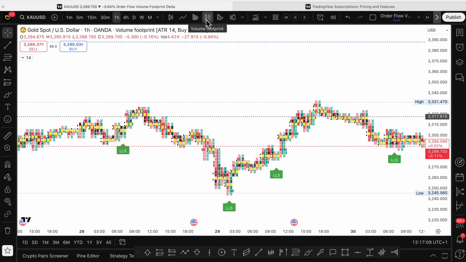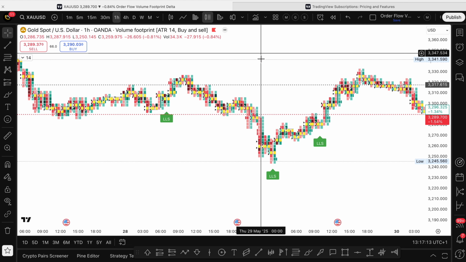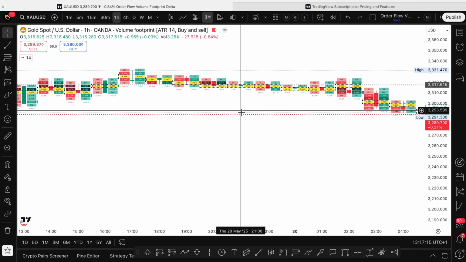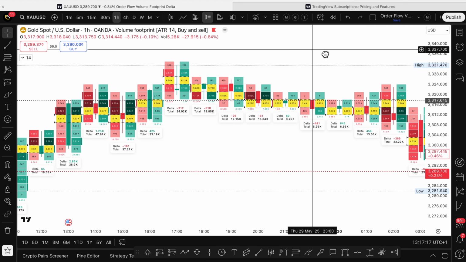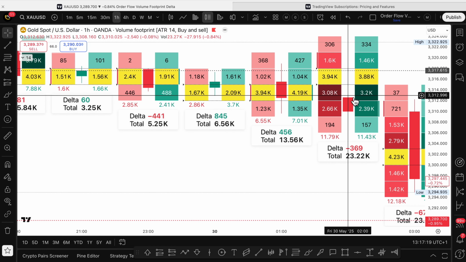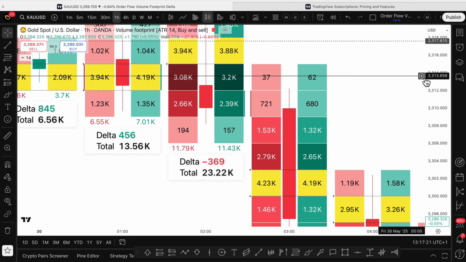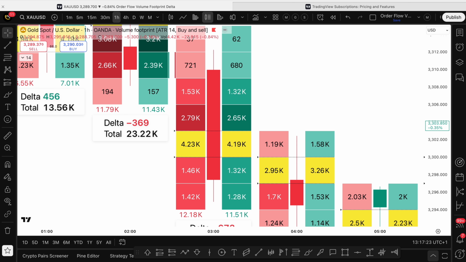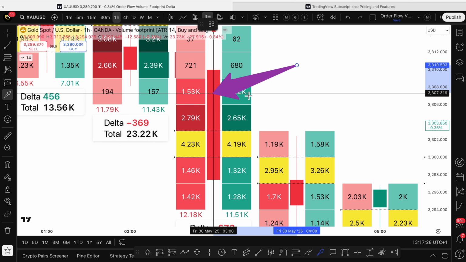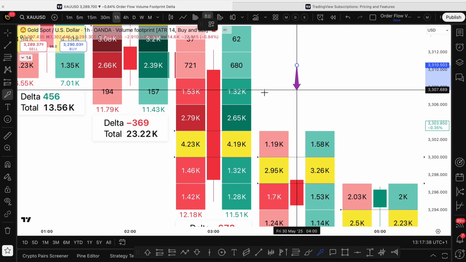volume footprint here. So the volume footprint, when it's first set up, looks like this. Now we'll just zoom in. So if we look at this red bearish candle here, we can see the candle is in the middle, and to the left of the candle is volume of sellers, and to the right of the candle is volume of buyers.